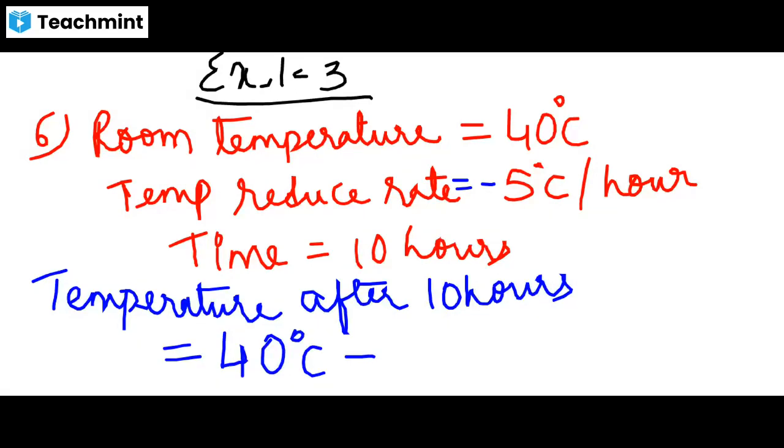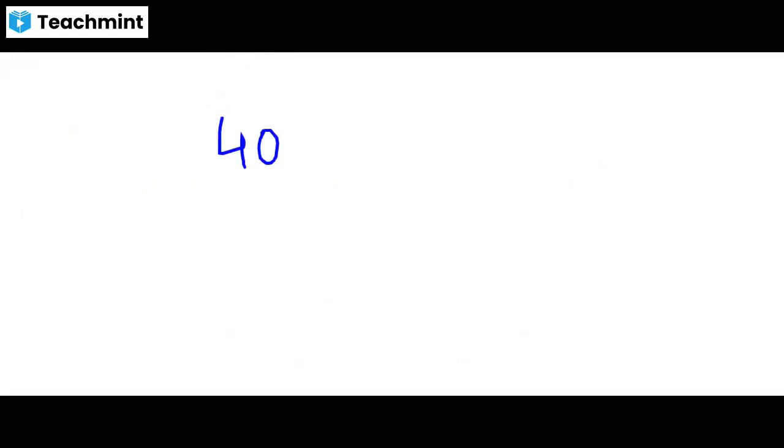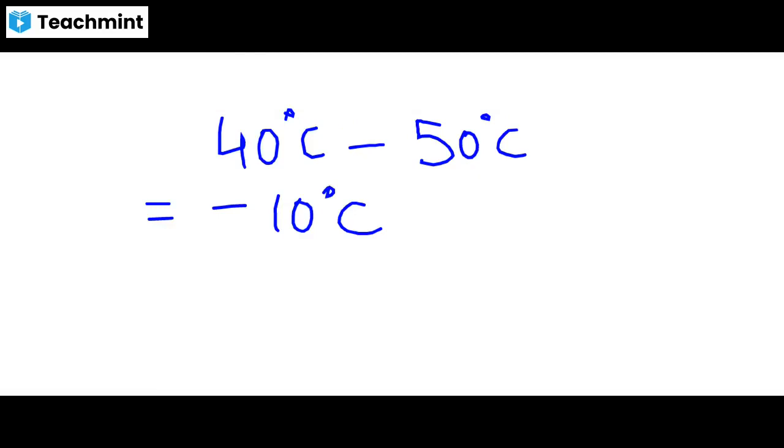So 5 into 10, what do you get? 50 degrees Celsius, ma'am. 5 degrees Celsius into 10 hours. So what do you get? 40 degrees Celsius minus 50, so you get minus 10 degrees Celsius, ma'am.